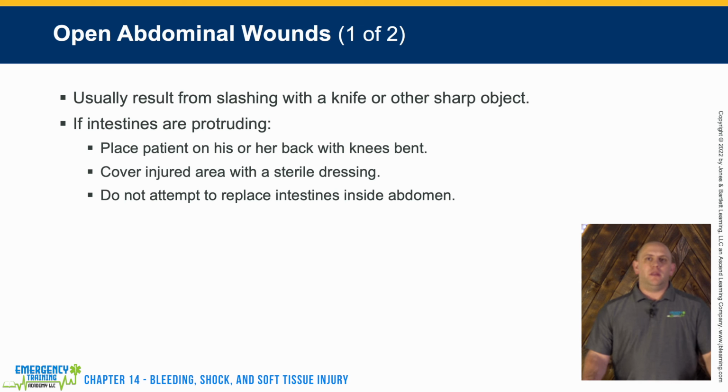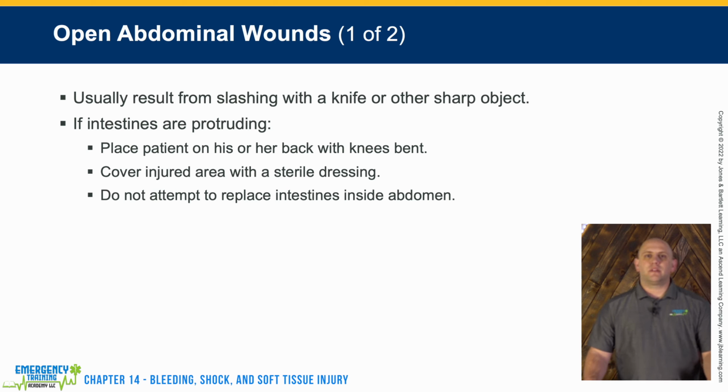Our open abdominal wounds, these are normally caused by slashing from a knife or some other sharp object. It can sometimes cause our intestines to actually come out of our abdominal wall.